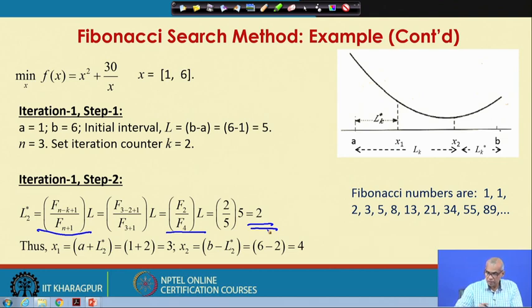So, x 1 is a plus L 2 star, which is 1 plus 2 is 3. x 2 will be b minus L 2 star, which is 6 minus 2 is 4.